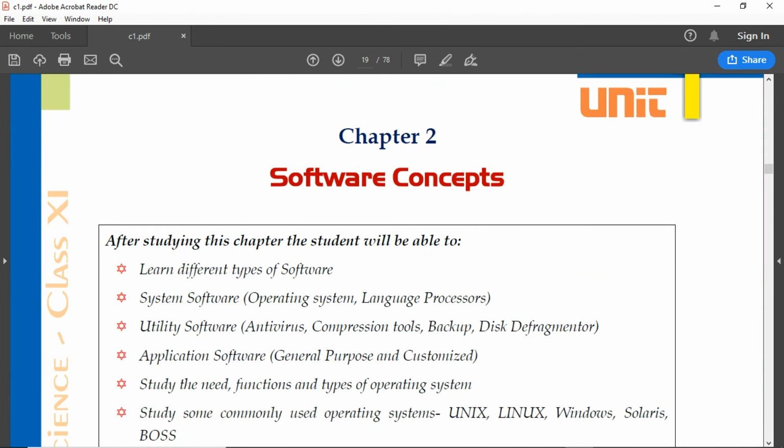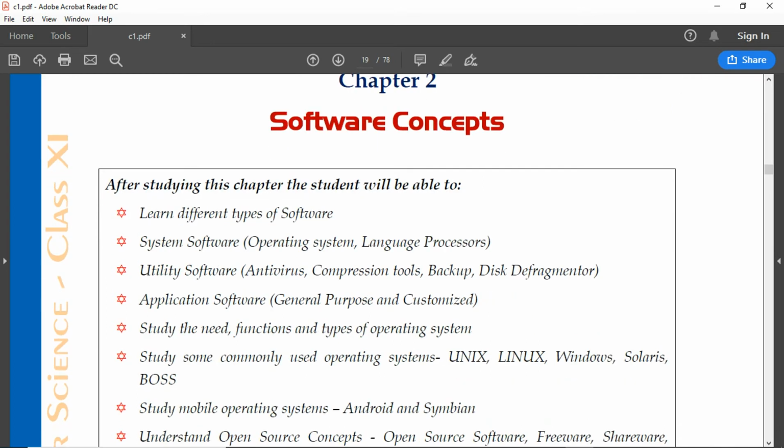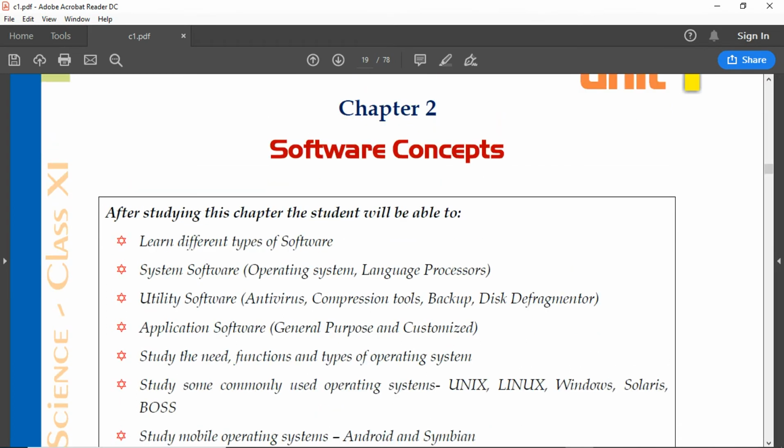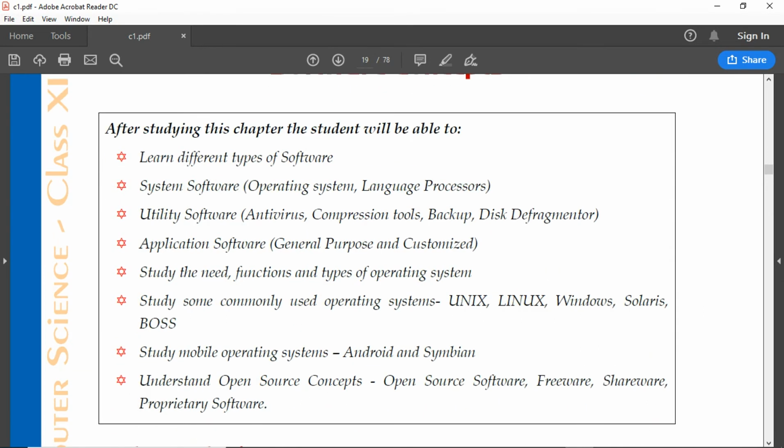20. Chapter 2. Software concepts. After studying this chapter, the student will be able to learn different types of software: system software, operating system, language processors; utility software, antivirus, compression tools, backup, disk defragmenter; application software, general purpose and customized.